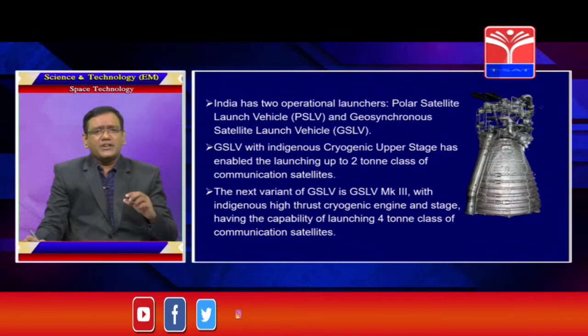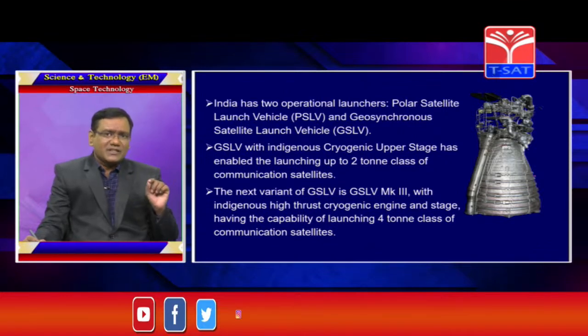That's the reason we use the cryogenic stage in the geosynchronous satellite launch vehicle, because we want to keep our satellite in geosynchronous orbit, and we need more power for that, because that altitude is more than 35,000 kilometers. So it is an upper stage engine. We'll talk about this in detail now.